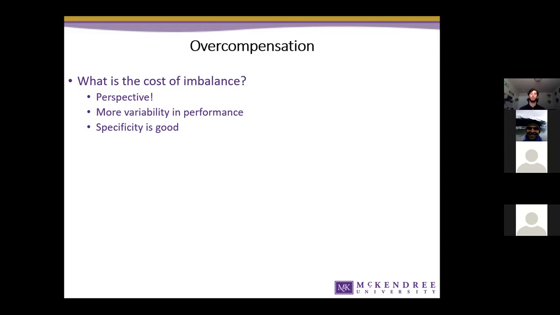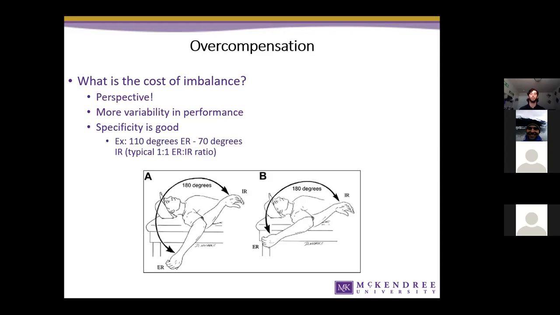I have another example of this. So person A and person B are both an athlete and a non-athlete, respectively. So person A will attribute them to a baseball player. In this example, they both present total range of motion for the shoulder, which is 180 degrees.